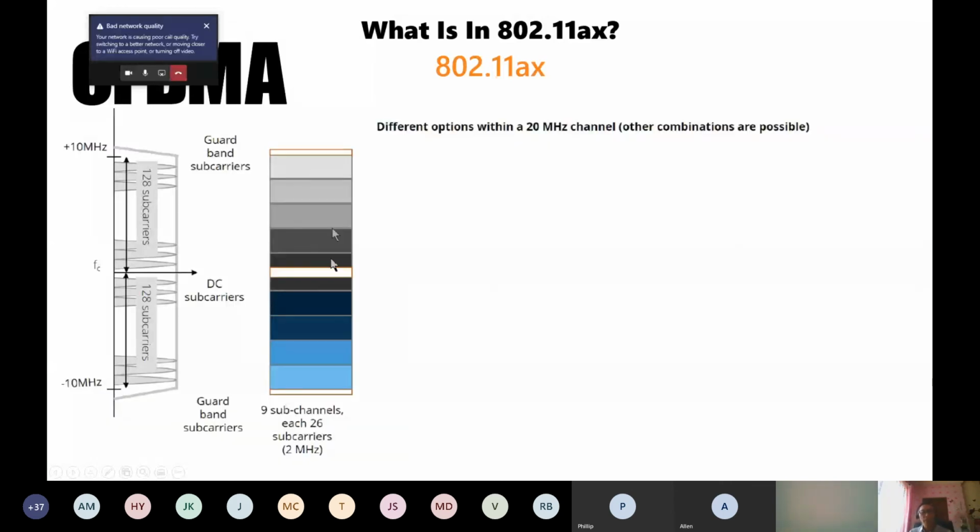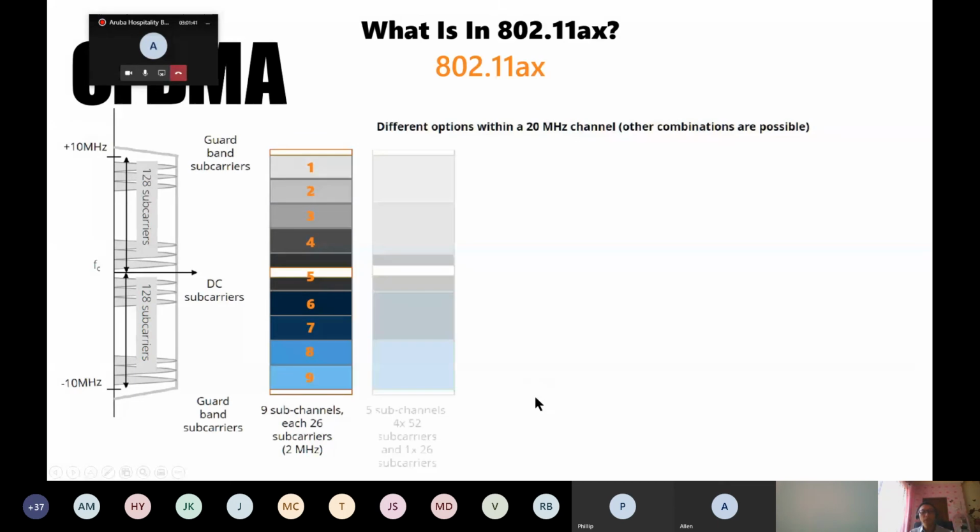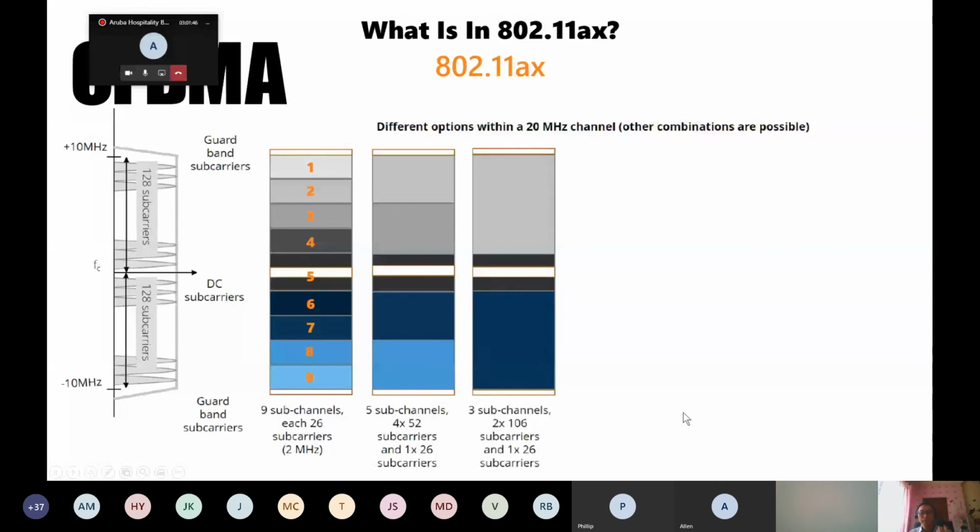How are these sub-channels divided? There's a possibility of mix and match. So this is a 20 megahertz single channel visually, and how the different sub-channels are divided up. This is going to give you a way of understanding how those sub-channels are used, and you could divide them up differently with different packet size, and they don't have to be the same.